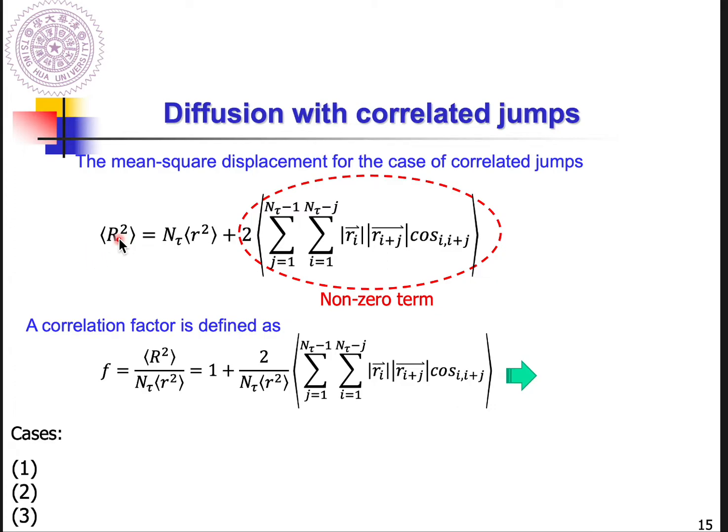So the mean square displacement divided by nτ times the mean square jump distance equals 1 plus this term divided by this term. Based on the first terms, the mean square displacement can be expressed as nτ times the mean square jump distance times what? Times f. We got the f here.